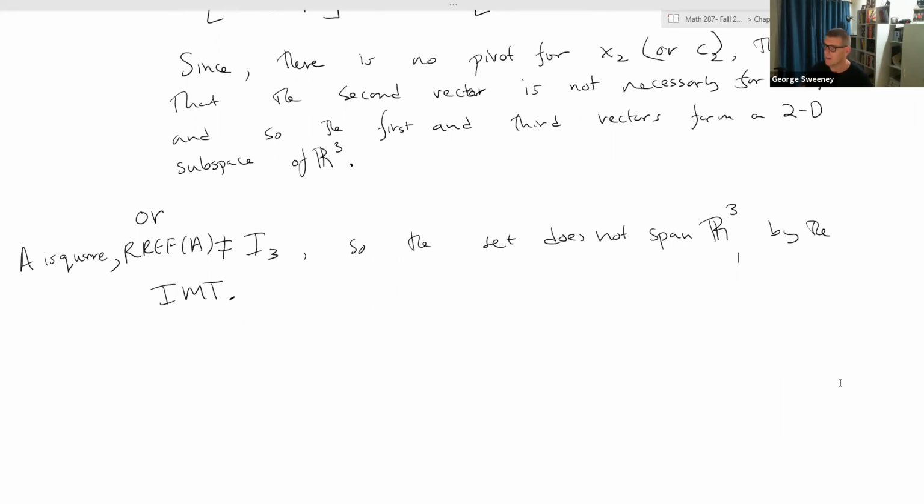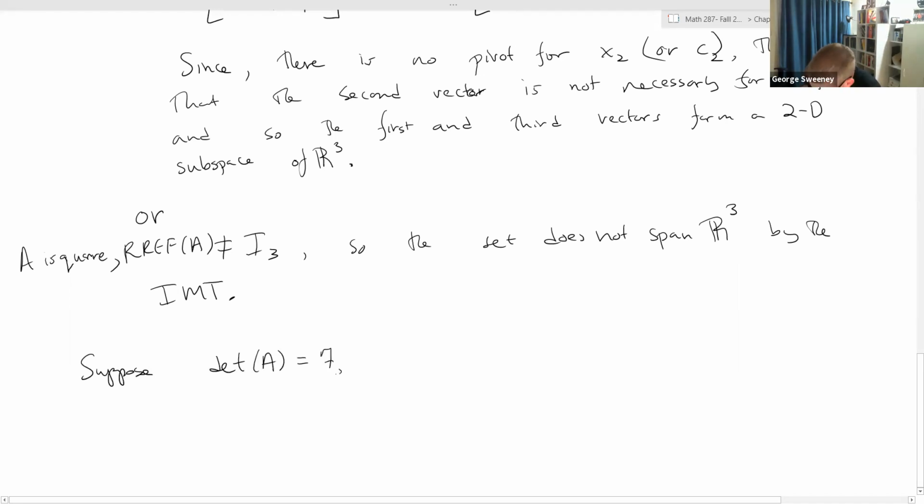All right, let's try another one. Shall we? We shall. How about this? Suppose the determinant of A equals 7, and A is 5 by 5.